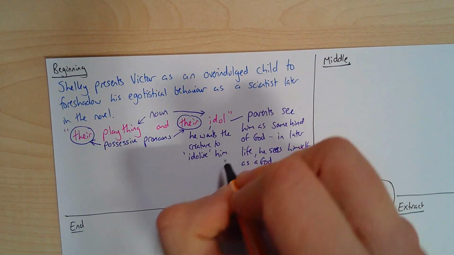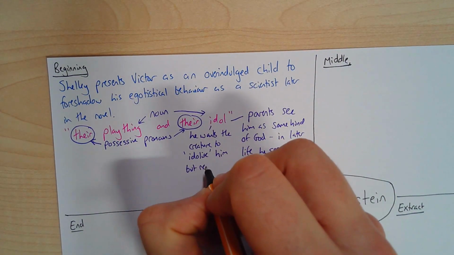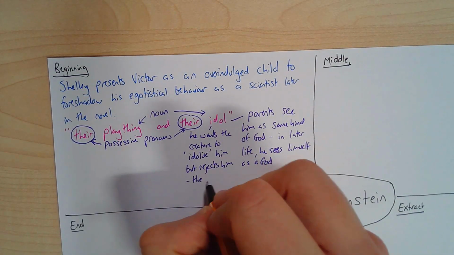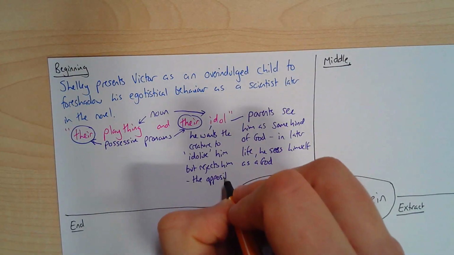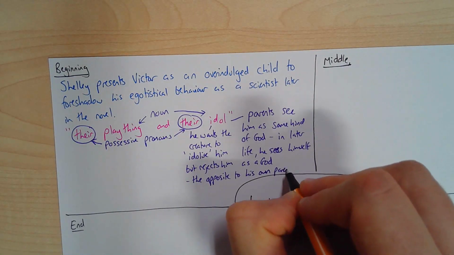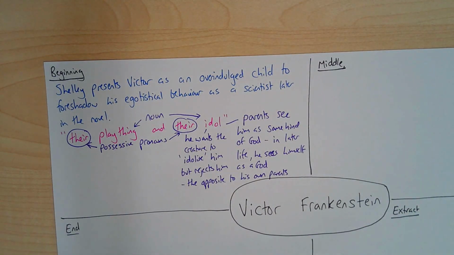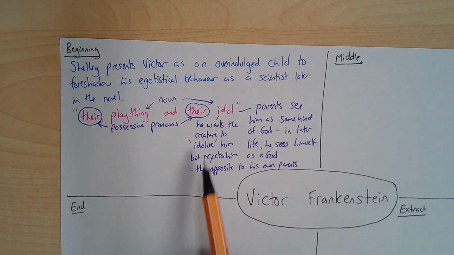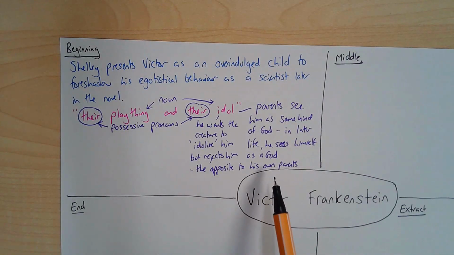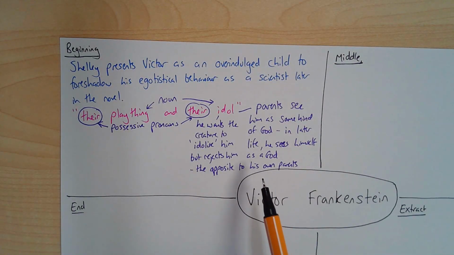Idolize him, but rejects him. And that's the opposite to his own parents. So Victor does the exact opposite of what his parents did to him. He wants the creature to idolize him, but he rejects the creature, which is the opposite to the love shown by his own parents.